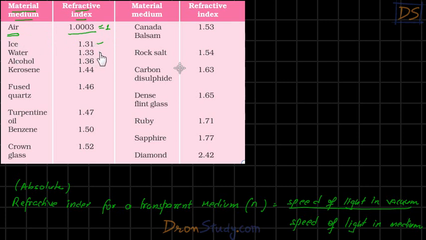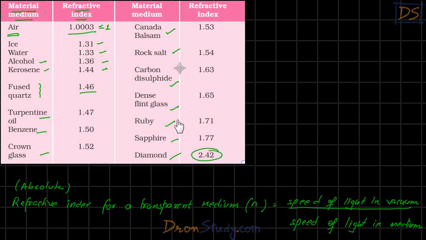For water, refractive index is 1.33. For alcohol, kerosene, you can see the refractive index, and fused quartz. This is some transparent object. You can see the refractive index for this. For turpentine oil, benzene, crown glass, this is a special type of glass. So for all of them you can see the refractive index. Similarly, there are different materials here, that Canada balsam, rock salt, you know, all these substances. Diamond, refractive index of diamond is very high, 2.42.